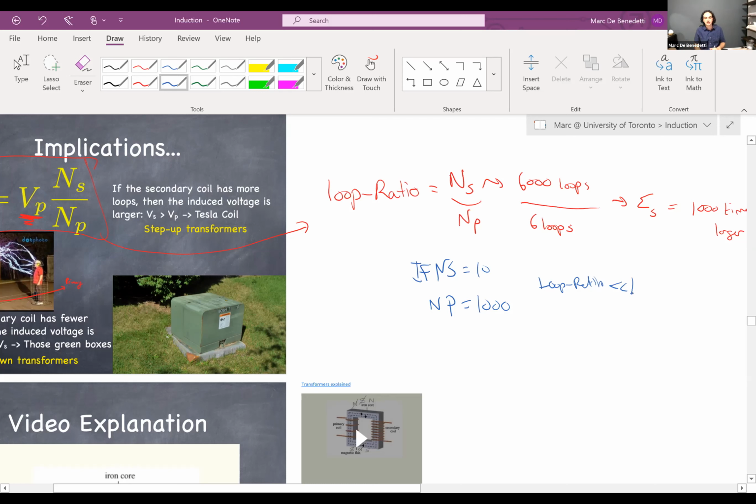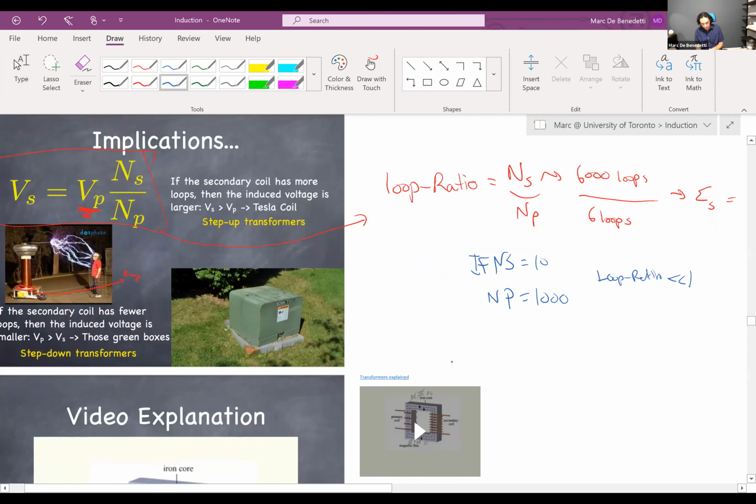So you can convert this very high voltage, this 24,000 volts from the power lines, down to something safe. And you can manipulate it as whatever you want according to the loop ratio.